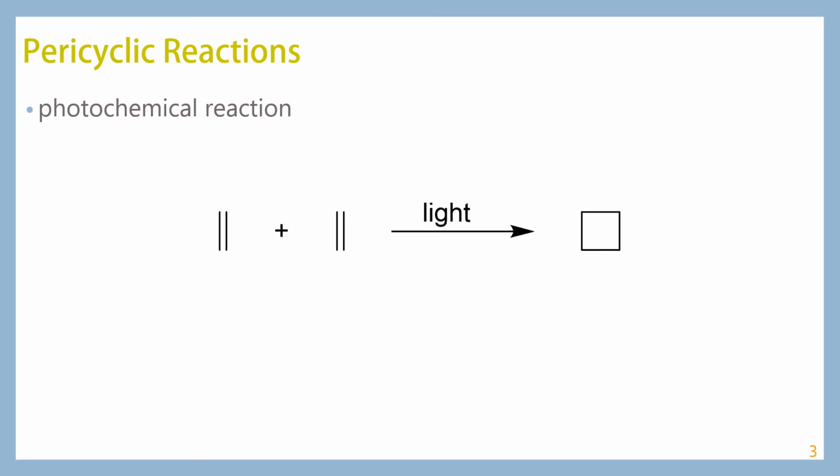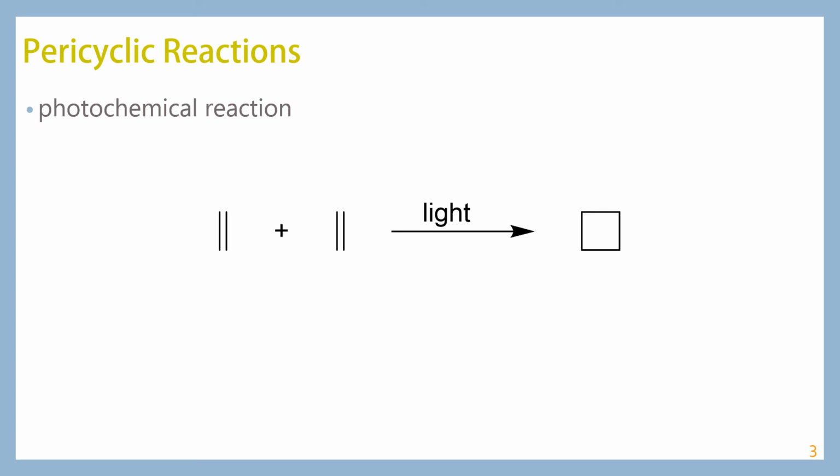Before we move on to our next type of reaction, the Diels-Alder reaction, we're going to discuss a broader area of reactions real fast. This is the pericyclic reaction. A pericyclic reaction is one that occurs through a single cyclic transition state.